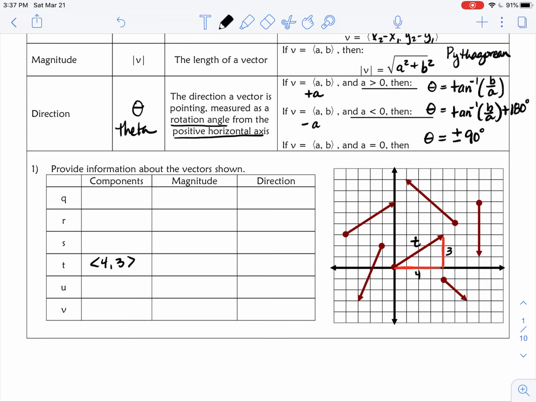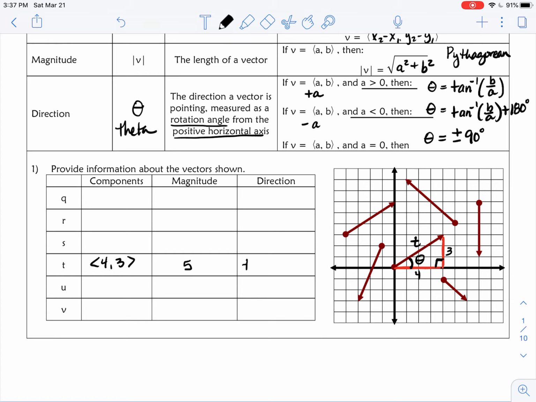Hopefully you recognize that this is one of our Pythagorean triples, a 3, 4, 5 triangle. So the length of that vector is 5 units. In order to find the rotation angle, this is my little theta right here, we're going to use inverse tangent.